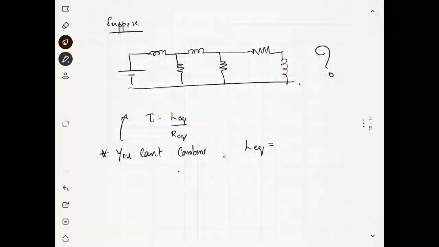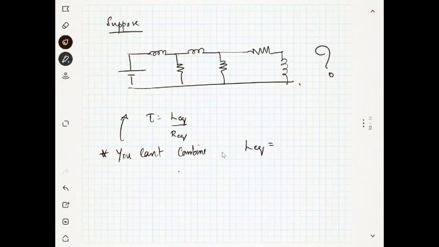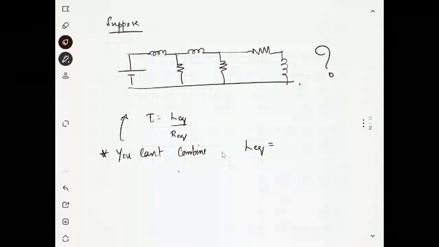That is not possible, because the concept of impedance comes from the phasor. You know phasor representation, right? Yes, sir. So here we are talking about a DC circuit, actually DC transients.